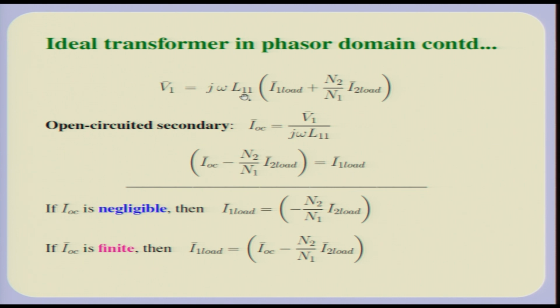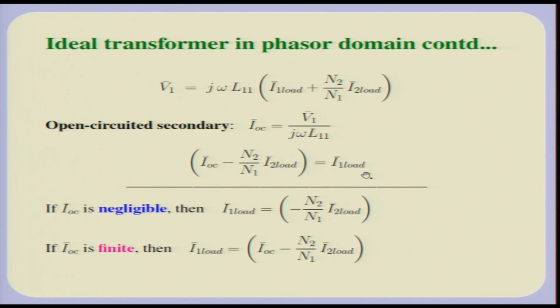Now, since j omega L11 is nothing but V1 by IOC, we can substitute that in this equation here, and when you cancel V1 and V1 on both sides of the equation, what you eventually get is IOC minus N2 by N1 I2 load is equal to I1 load.